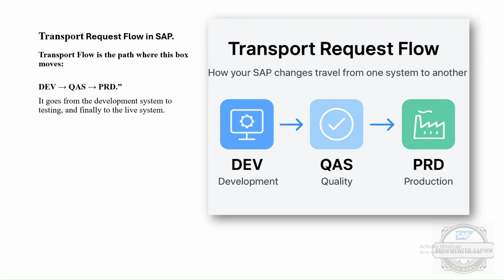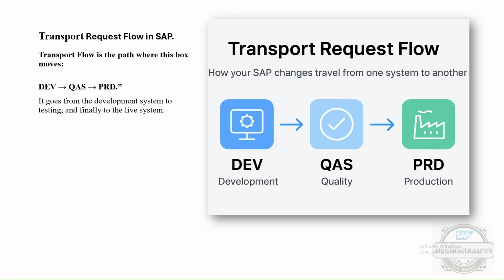The next box is QAS, quality. After the TR is released in development, the Basis team transports it to QAS. Here we test all the changes. We check if everything is working correctly or not. Then production. Once testing is successful in QAS, the TR is moved to production.